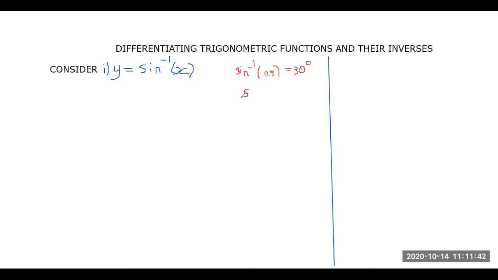Now, what if I had asked you to find the sine of 30? The sine of 30 would be 0.5.